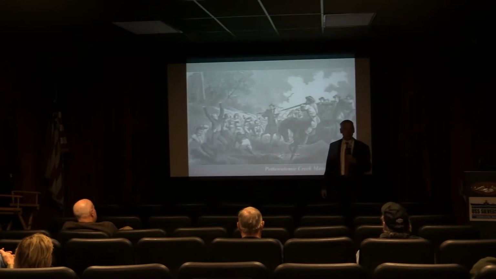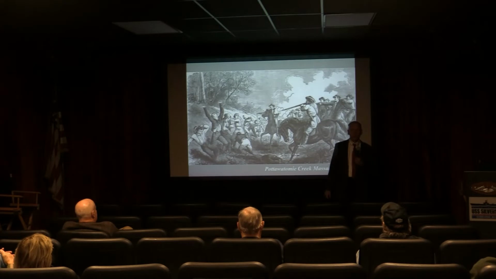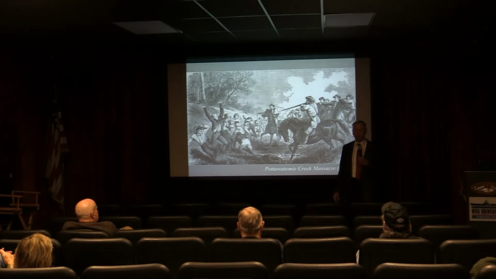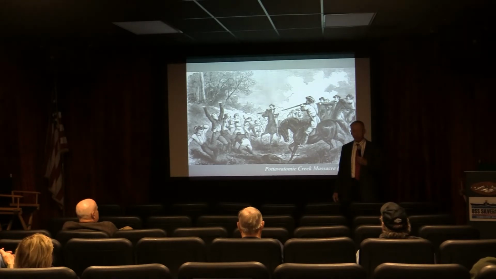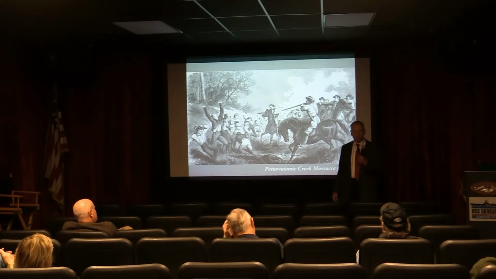In 1856, a camp along Potawatomi Creek was attacked by John Brown and his crew with broadswords as well as rifles, and they killed 4 pro-slavery men. This continued in large picture across the entire territory of Kansas and Nebraska. In fact, it continued through the Civil War.